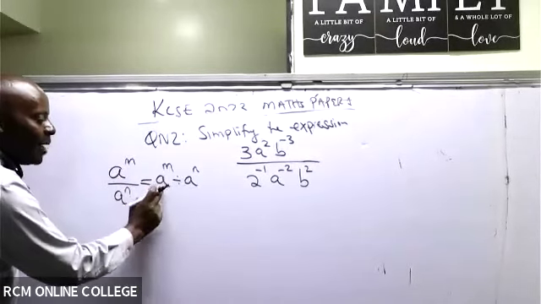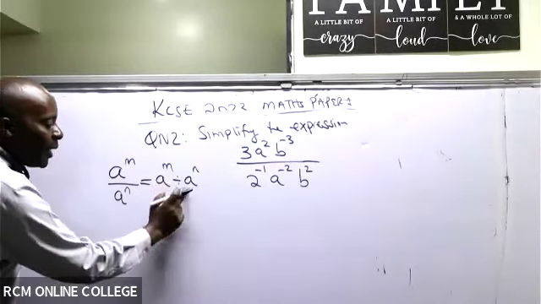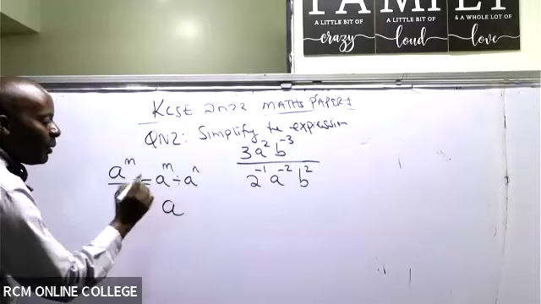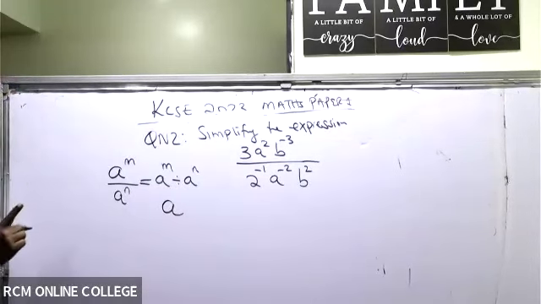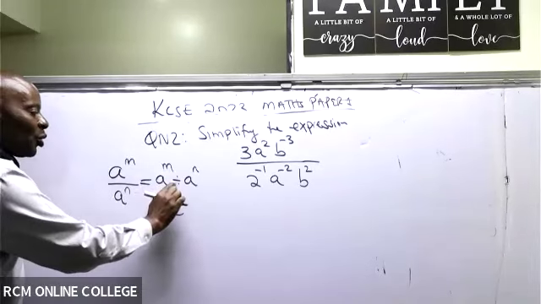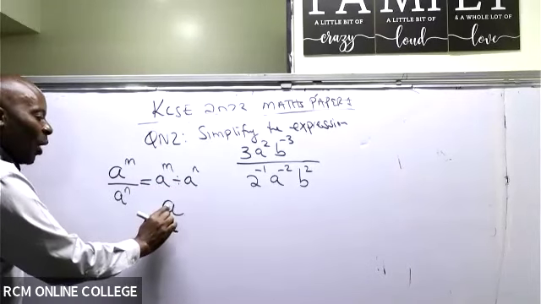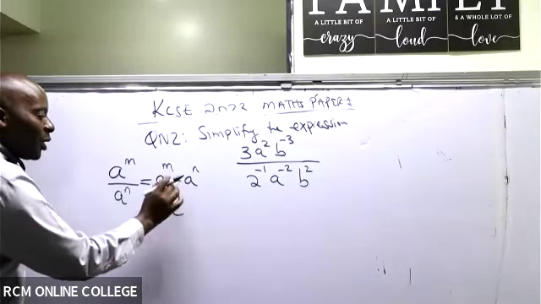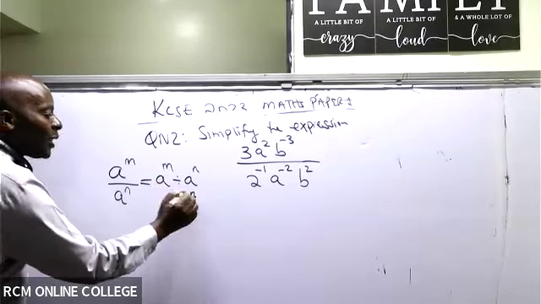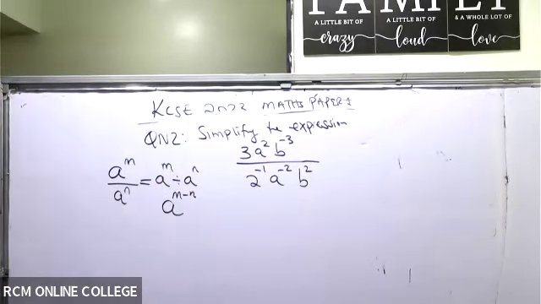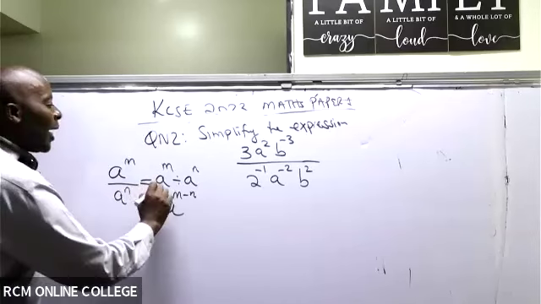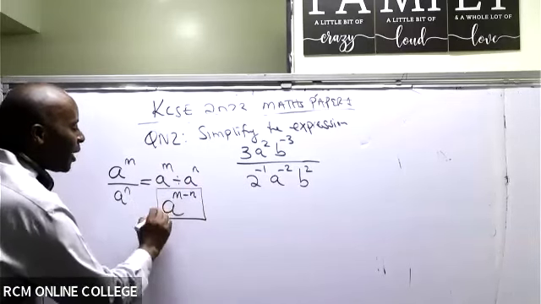If the bases are the same, then you should be able to write one common base. And if you are told to divide, when you write one common base, you shall subtract the powers. This is a very important law of indices as division is concerned.